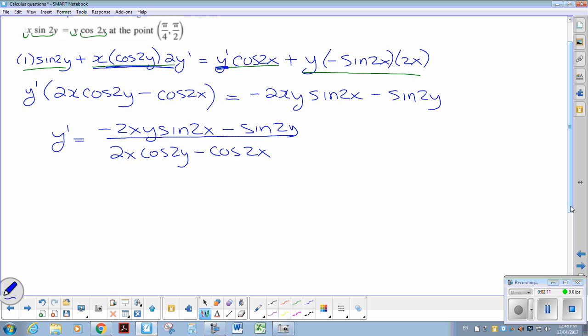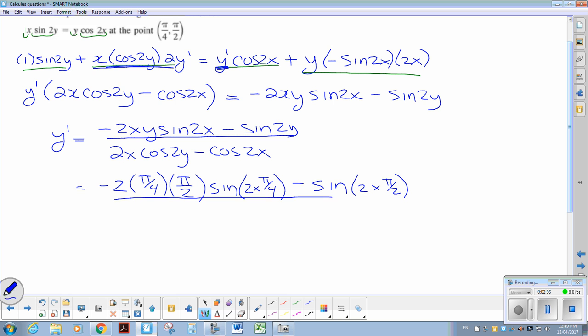So y prime equals negative 2, x is pi by 4, y is pi by 2, sine of 2 times our x value, so pi by 4, minus sine 2 times pi by 2, divided by 2 pi by 4, and then cos of 2 times pi by 2 minus cos of 2 times pi by 4. So hopefully I entered those all in correctly.